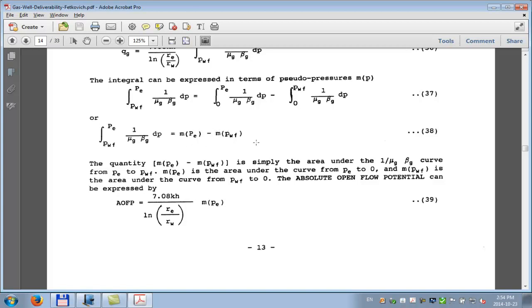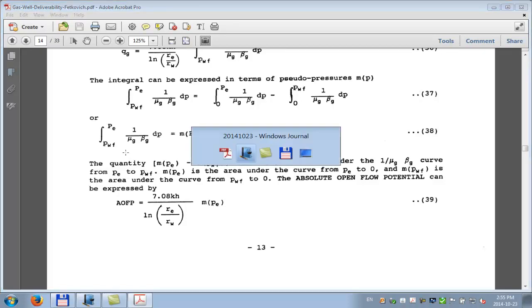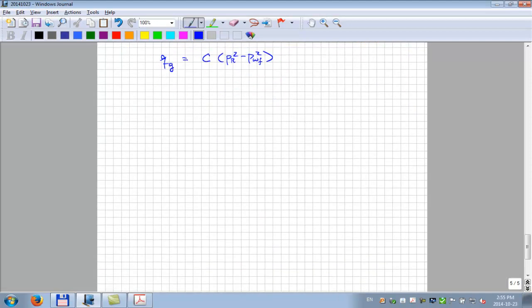And in fact, he uses 1 over mu BG. It can be done, it's the same thing, but it's not standard original. It's like P over mu Z. I'll try to explain that to you.